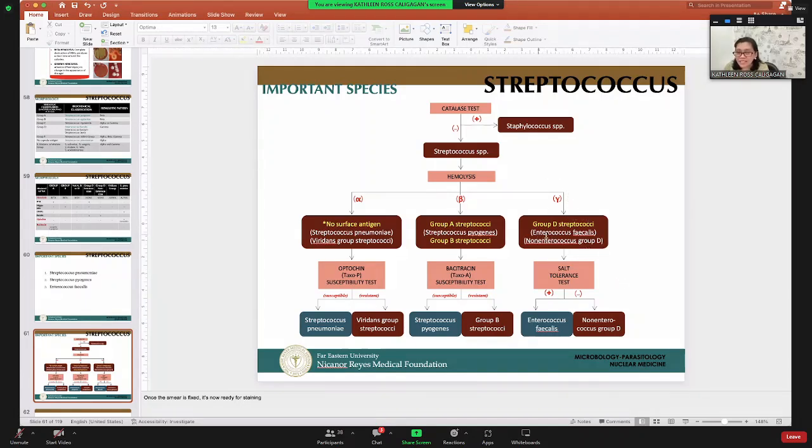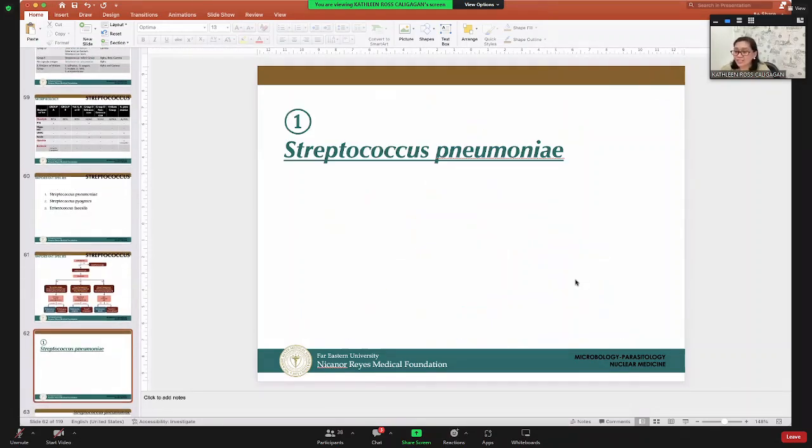To differentiate Enterococcus faecalis from non-Enterococcus group D, you do a salt tolerance test. Growth of Enterococcus faecalis is not inhibited by a high salt concentration, whereas all the other non-Enterococcus group D, their growth is inhibited by the presence of high salt concentration.